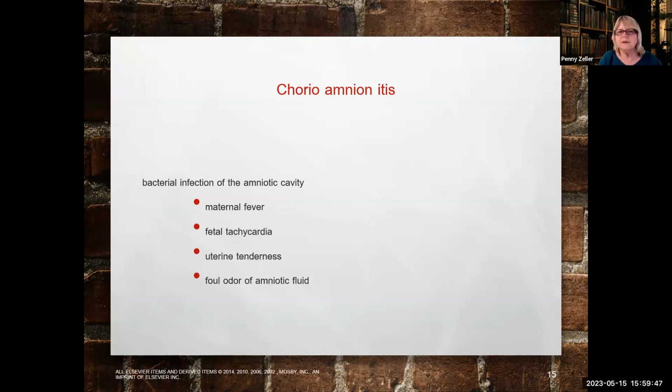What else? Swallowing amniotic fluid, right? So number one is pneumonia. It's the number one outcome of chorioamnionitis for the fetus. And for the mother, it's endometritis. In other words, infection of the uterine tissues. Endometritis.